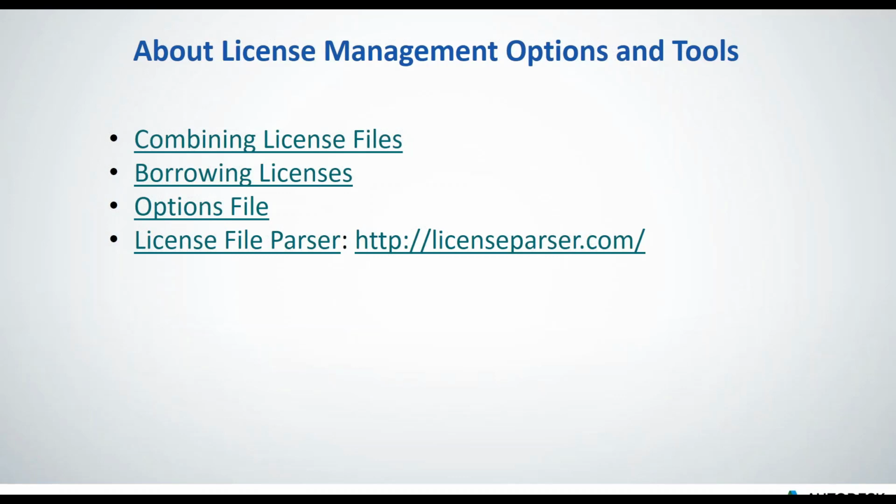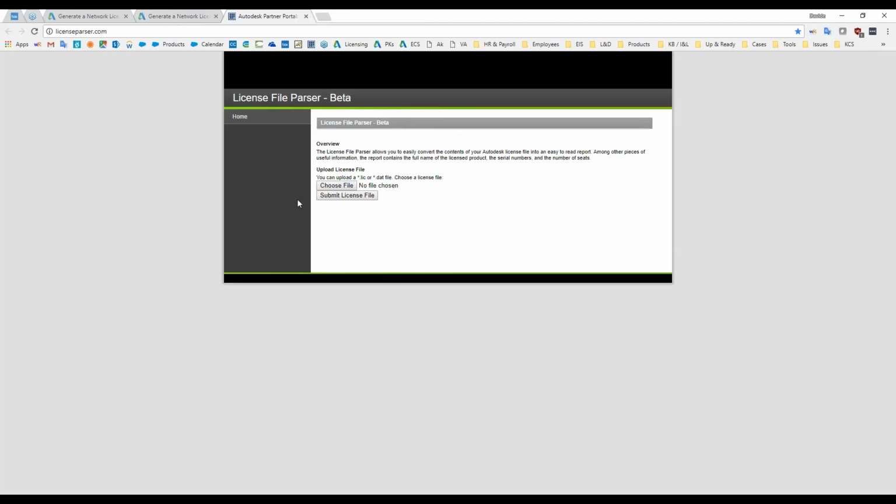Another tool that we always recommend is our license parser. I will quickly show you. It's a small tool where you can upload your license file, and it will be read through this tool and will give an overview of your licenses, the number of seats that you have available, and which specific product you are using.